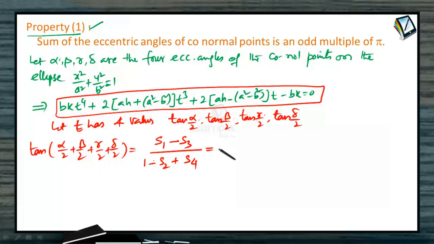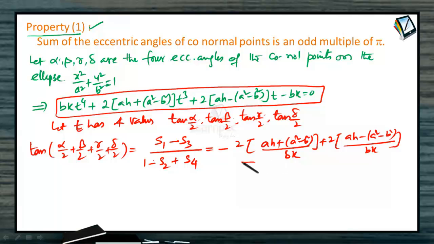If you substitute and simplify, then you will get 2 into (ah plus a square minus b square) by bk plus 2 into (ah minus a square minus b square) by bk, total divided by 1 minus 1. Here the plus 1 and minus 1 cancel and the denominator becomes 0. Therefore this is undefined, infinity.